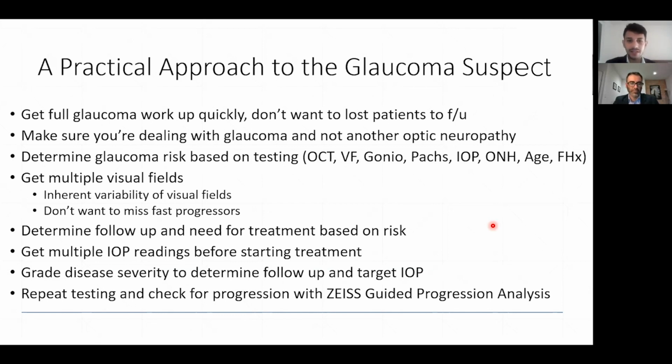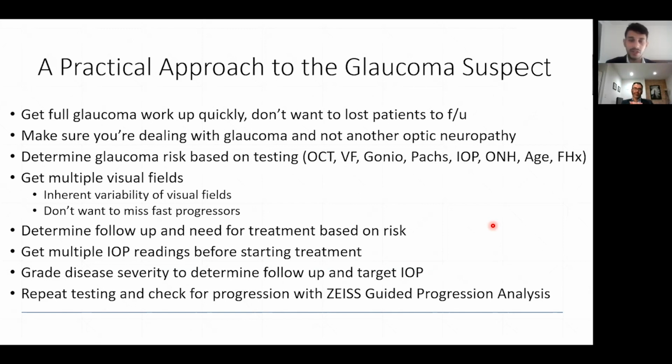And a lot of that's based on when you're grading your disease severity, that's going to determine your follow-up and determine your target IOP. Of course, you have to repeat your testing, you have to check for progression, and I think the Zeiss Guided Progression Analysis, or the GPA, really makes it very easy, because as you showed with your case, sometimes when you eyeball the RNFL or the visual field, you might not have the best idea of is it true progression, or is it variability?